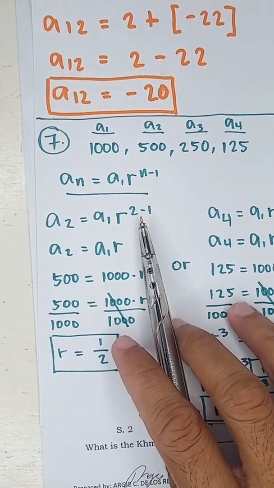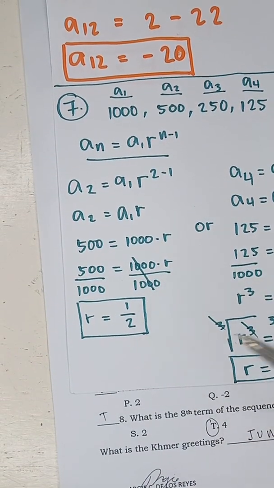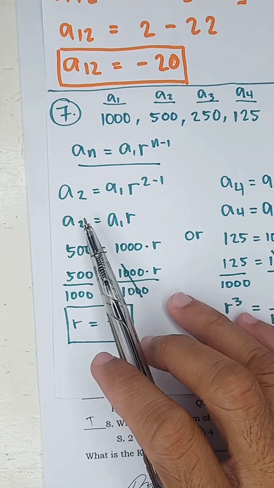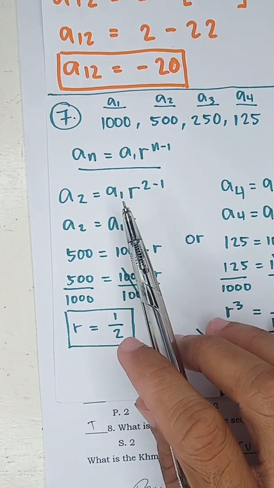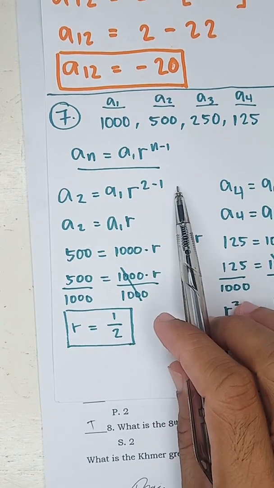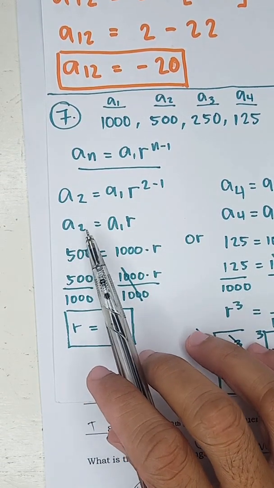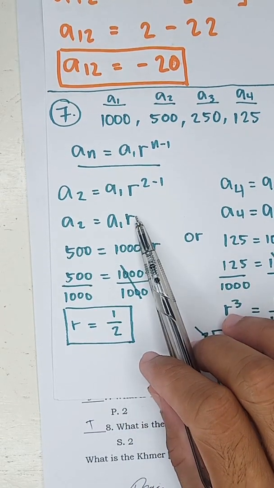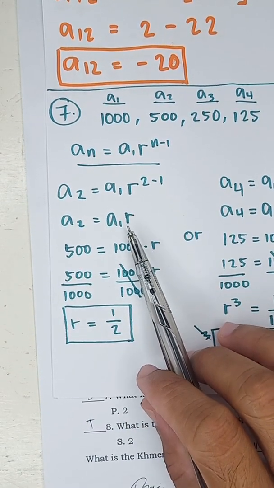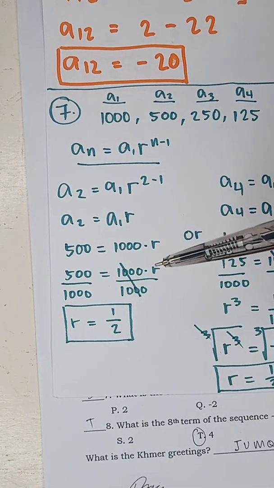Using the formula, first, I used the second term, a sub 2 is equal to a sub 1 times r, of course, 2 minus 1 kasi pangalawang term. A sub 2 is equal to a sub 1 times r na lang kasi 2 minus 1 is 1. So understood na may 1 na when you write only the variable as exponent.